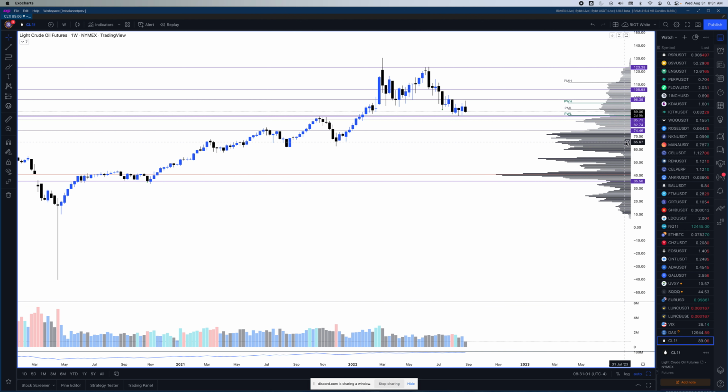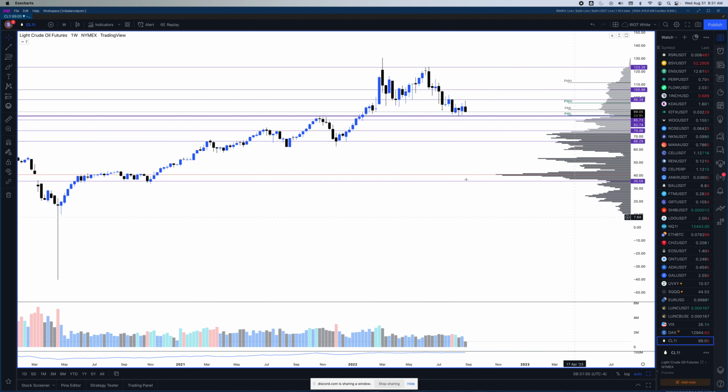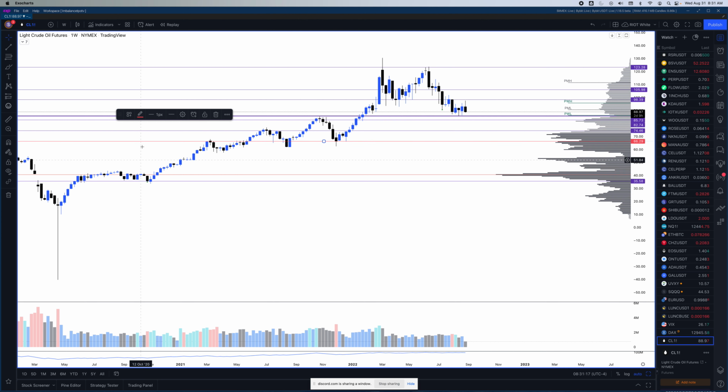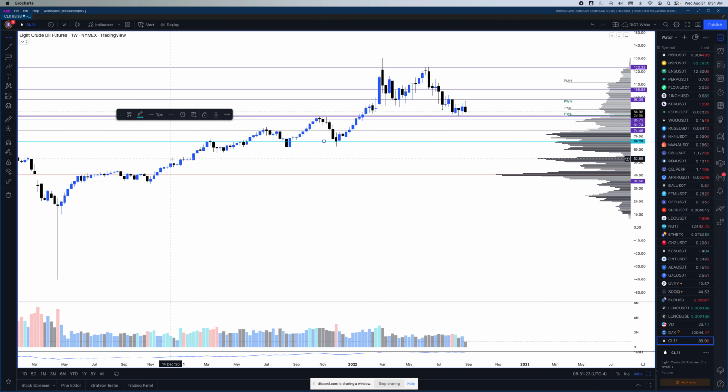I'm gonna mark this one because I think it looks pretty interesting. I'll do my weekly levels generally in a different color. I know I don't always do that when I'm just marking them out, but when I'm doing them for myself, I do like to just vary the colors a little bit.